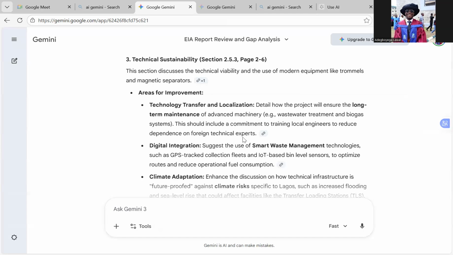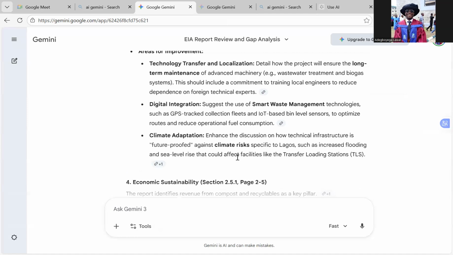This is a way to improve the technical sustainability of the project. Then digital integration, smart waste management technologies such as GPS-tracked collection fleets. This is another very important area when you talk about mainstreaming digital technology. Dorothy Okim is here, she knows much about this. She won an award on that.